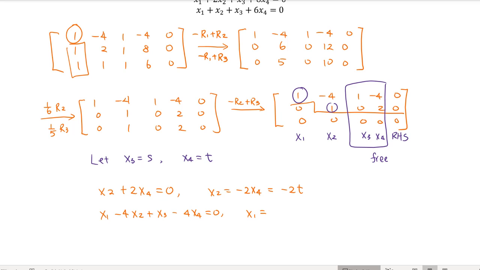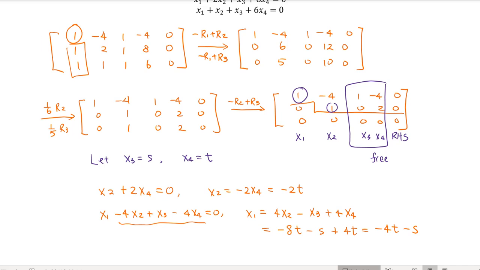So x1, move the rest to the other side. We flip the sign: positive 4x2, negative x3, positive 4x4. 4x2 is 4 times negative 2t, negative 8t. Then x3 is s, x4 is t. So then we have minus 4t minus s.